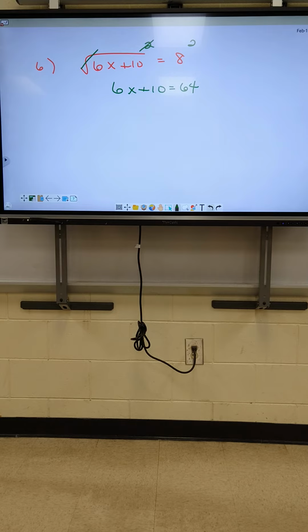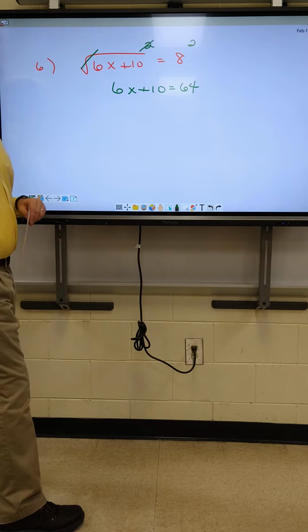Daniel, what's your answer on number 6? Everybody's saying the answer should be 9. See if y'all can get 9. I got negative 1/3. All right, Adam, what do I do next?